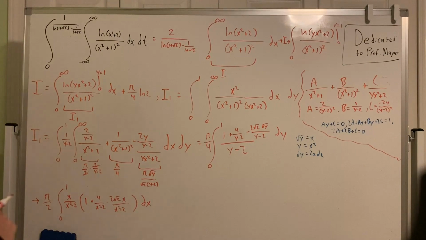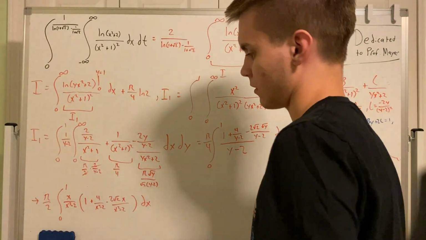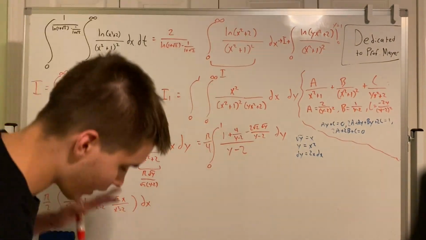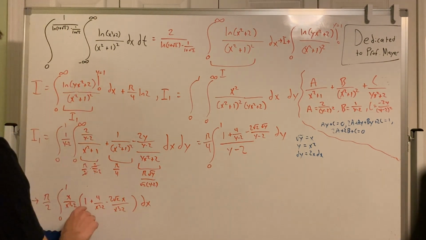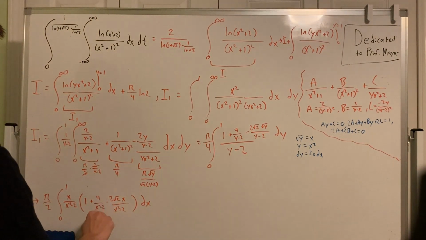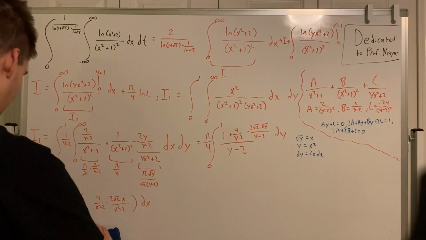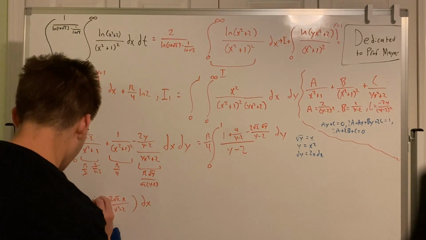Okay, now let's combine these terms. So I can write 1 is equal to x squared minus 2 over x squared minus 2. And when we add that with this, the minus 2 and the 4 will become a plus 2. So I'm going to have an x squared plus 2 here.